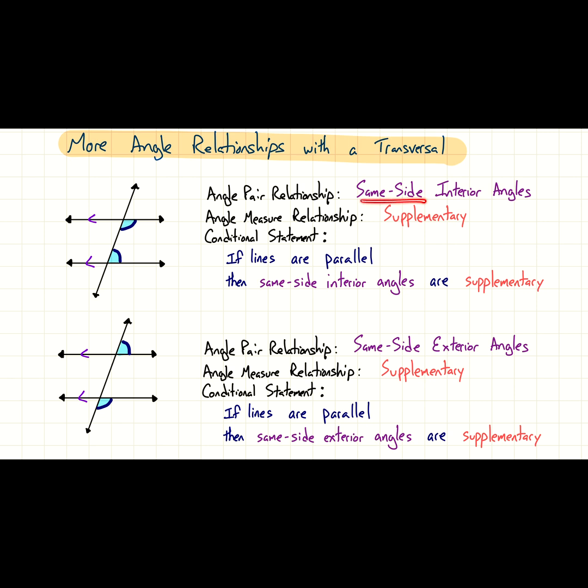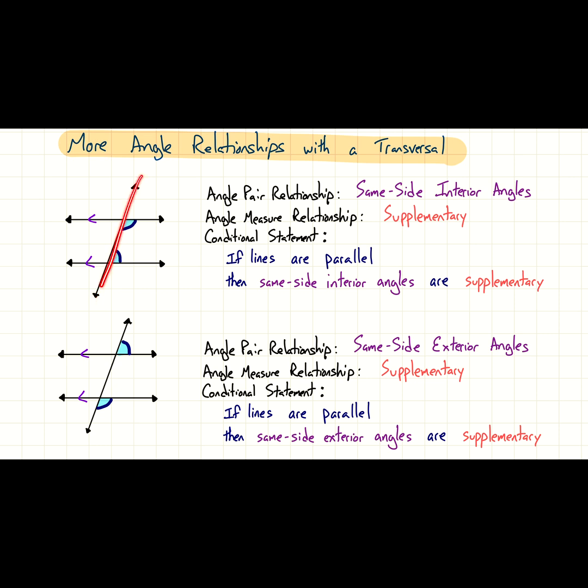Now the same side refers to the transversal. If I look at the transversal, are these angles on the same side of the transversal? Are they both on the left side or both on the right side? Well, it looks like they're both on this side. So we have our angles on the same side. It doesn't matter where on that side, but they are on the same side.